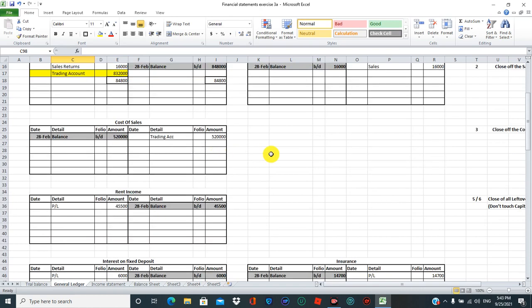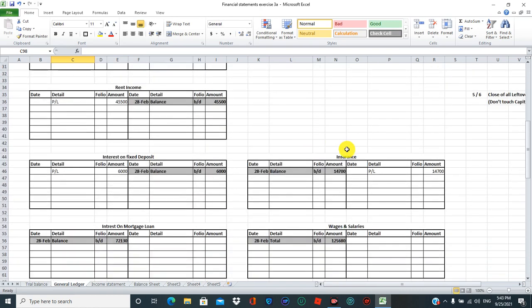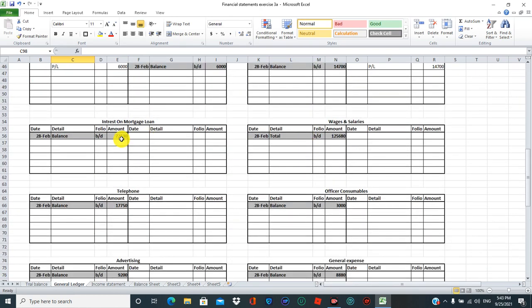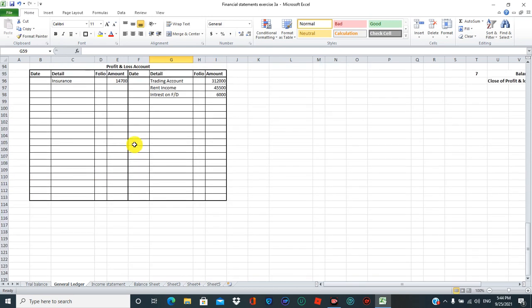Hope it doesn't irritate you guys. So insurance, and you've got the interest on mortgage loan. And once again, it's a credit balance, so it goes to profit and loss. Amount 72,721. Close it off on the credit side, so that will go to the debit side. Interest on mortgage loan.